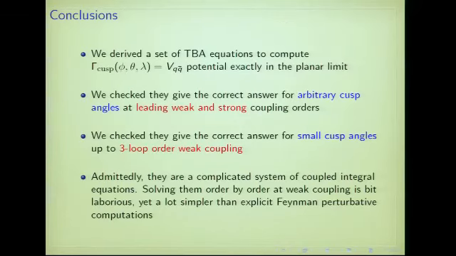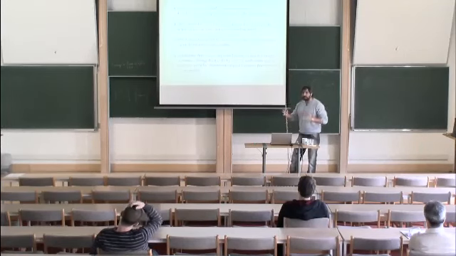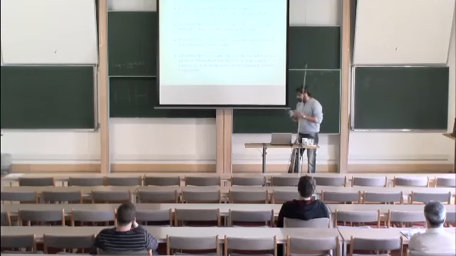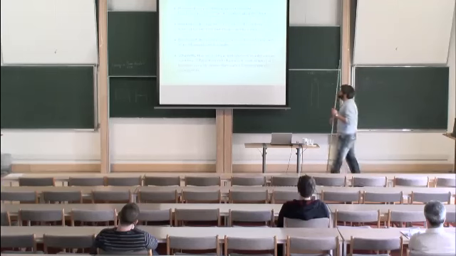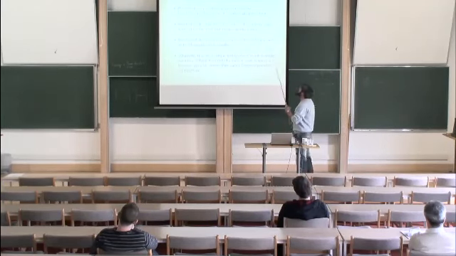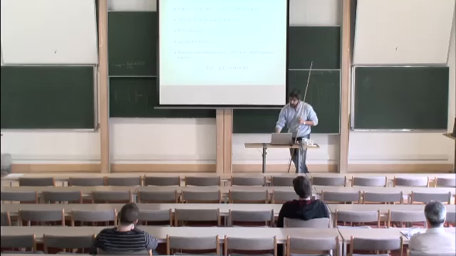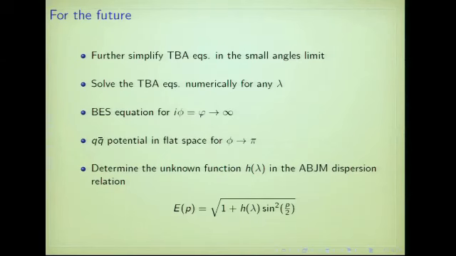And the TBA system has the disadvantage that it is the most general system, so there is too much information. So when you are focusing on a particular limit, you have to be clever to restrict to what you need. So maybe there is a further simplification that we couldn't quite see yet in the TBA equations in this small angles limit.